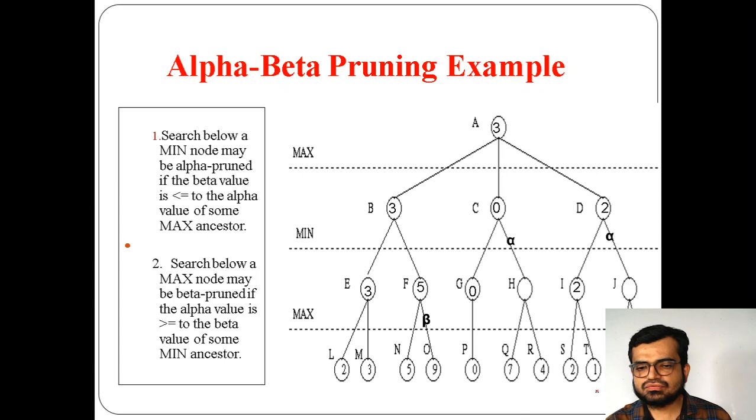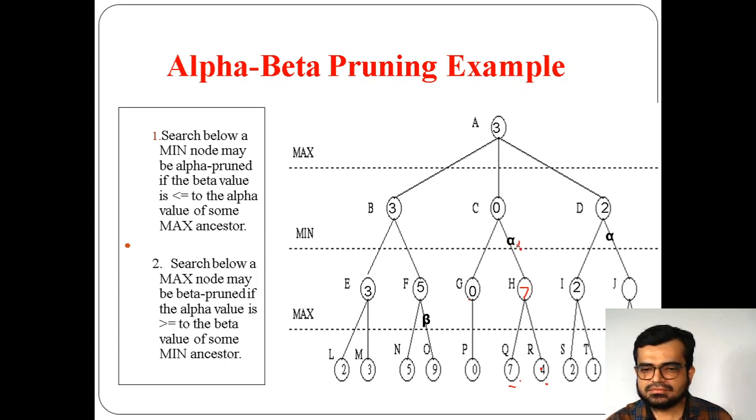In this state, as 7 and 4 are there, if you take 7 and 4, which is the max value? 7, right? And among 0 and 7, which is the minimum value? 0 only. So if I take 7 also, there is no need of this one, right?